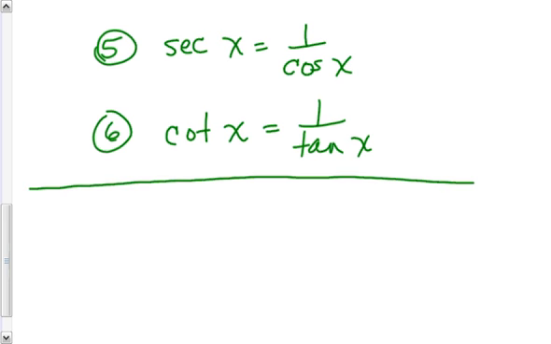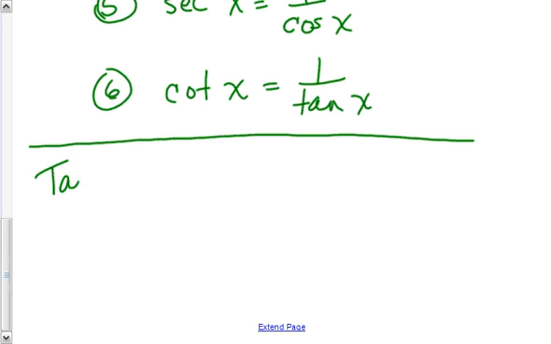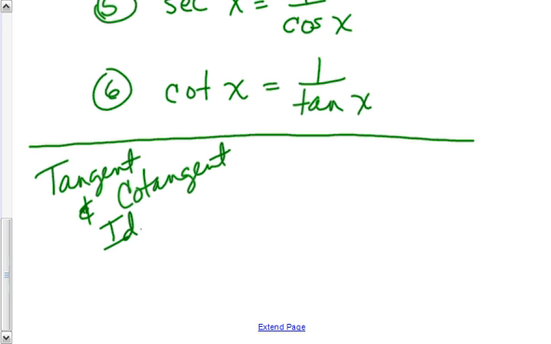There are two tangent and cotangent identities you need to make sure you know. We've talked about them already. They came up when we did the unit circle.